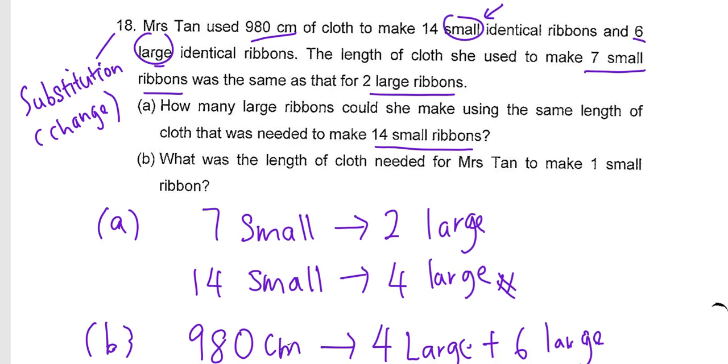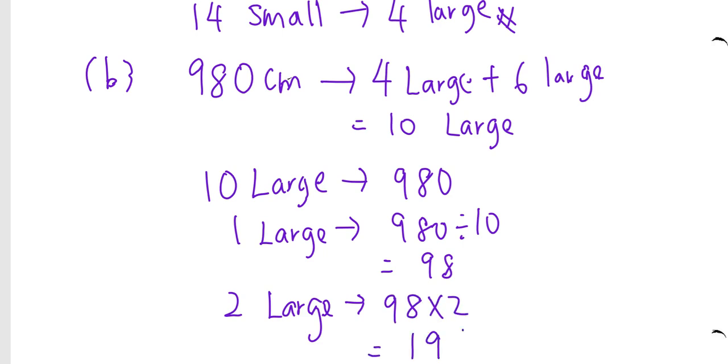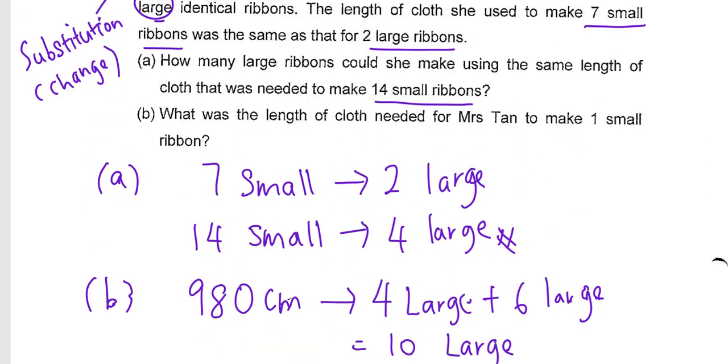They said that the length of the cloth used to make 7 small ribbons was the same as that for 2 large ribbons. So I'm going to find out for 2 large ribbons exactly how many centimeters of cloth is needed. 98 times 2, which is 196. Now 196 is needed to make 2 large ones.